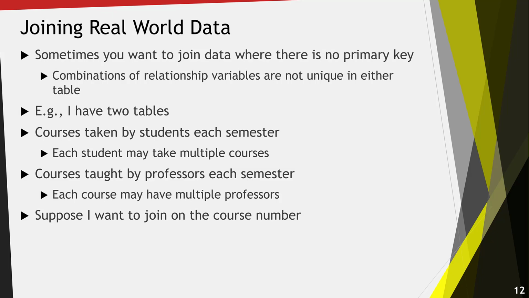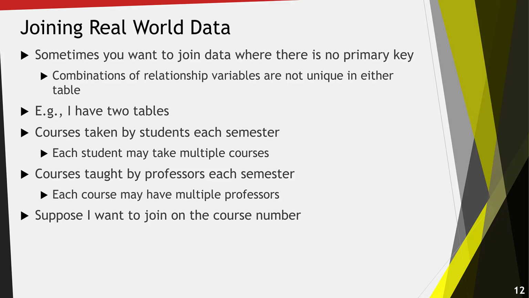When dealing with real-world data, you may sometimes want to join data where there is no primary key in either table. This means that combinations of the relationship variables are not unique in either table. As an example, suppose I have two tables of data. One of the tables is courses taken by all students in each semester. So I have a listing of students and a listing of courses they've taken.